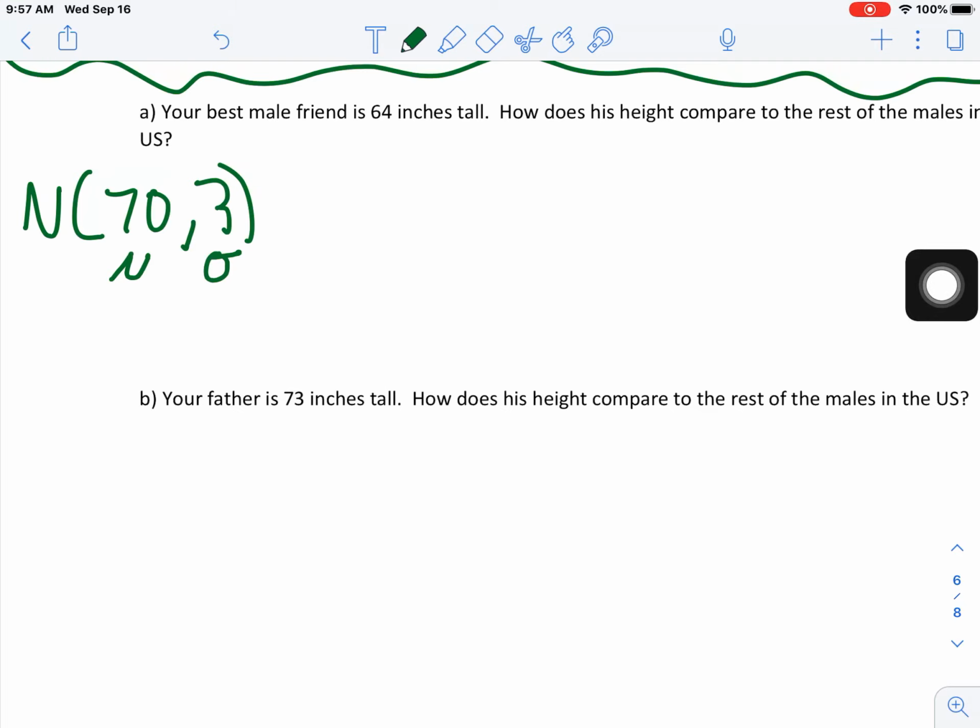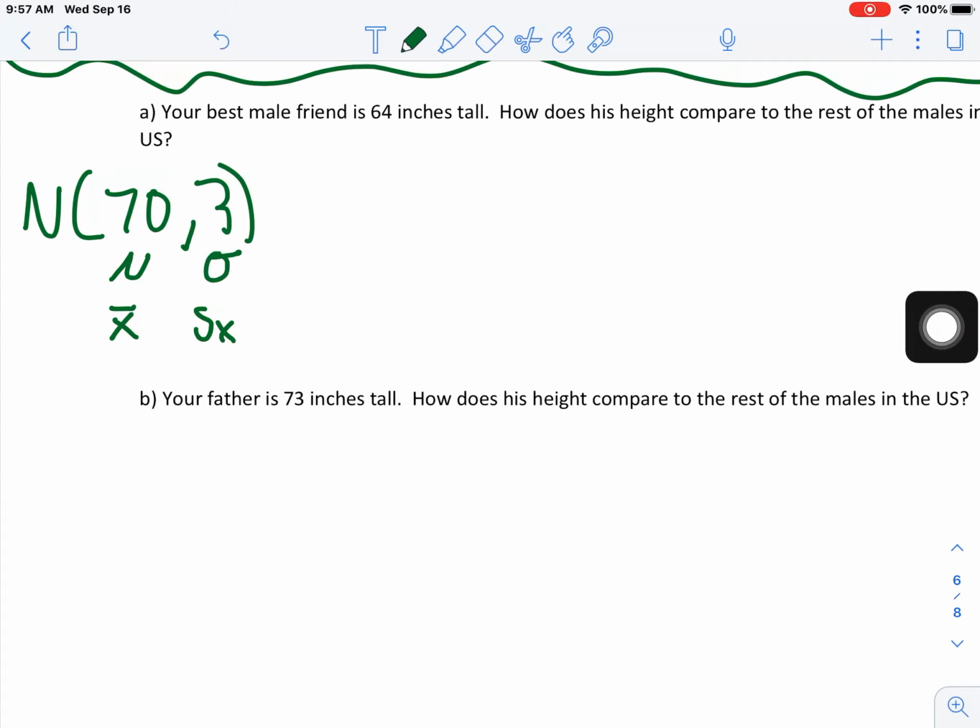And you'll actually see that a lot of times in stats we can use these symbols as well. There is a difference between using mu and x bar and using sigma and s sub x. They both mean standard deviation, and these both mean the mean.